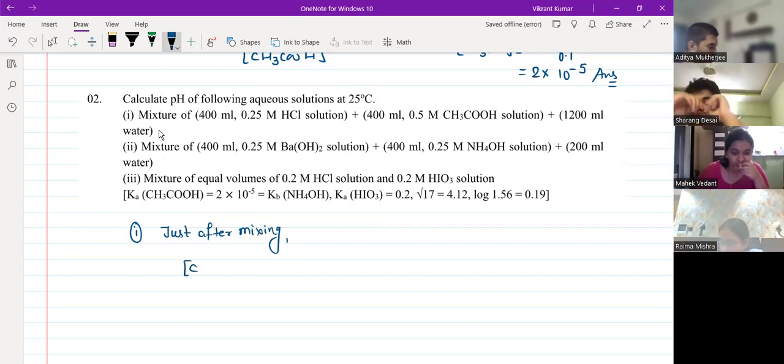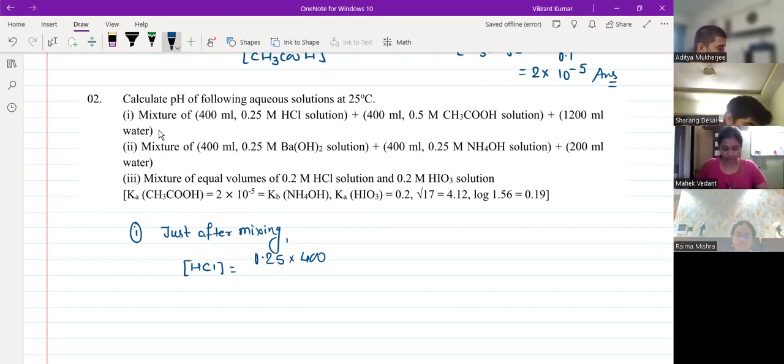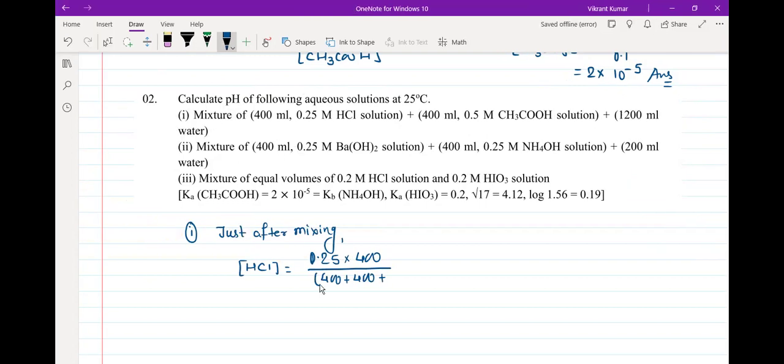So I'll write, for HCl, how many millimoles of HCl were there? It was 0.25 present in 400. So these many millimoles were there. Molarity into volume in ml gives you millimoles, and those many millimoles are now present in 400 plus 400 plus 200 plus 1200 ml.